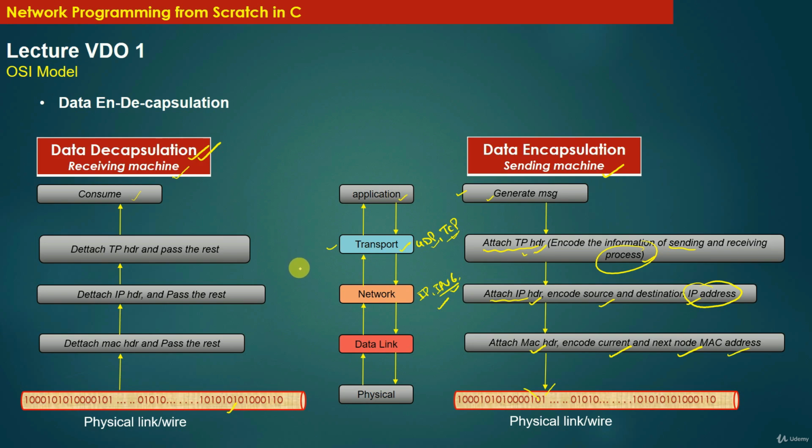It detaches its own header and passes the rest of the message to the layer running above it in the TCP/IP stack. So this is the entire picture, that is, a big picture of data encapsulation and data decapsulation. Next we will take a deeper dive into what actually happens during data encapsulation and data decapsulation.